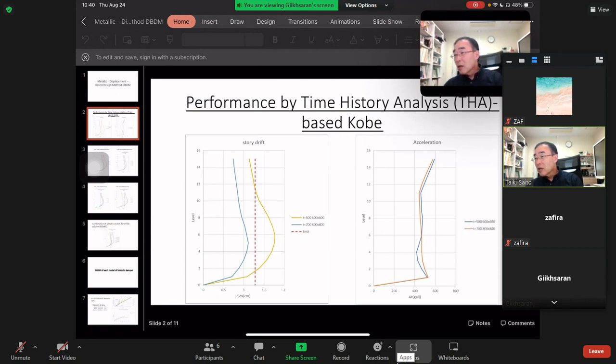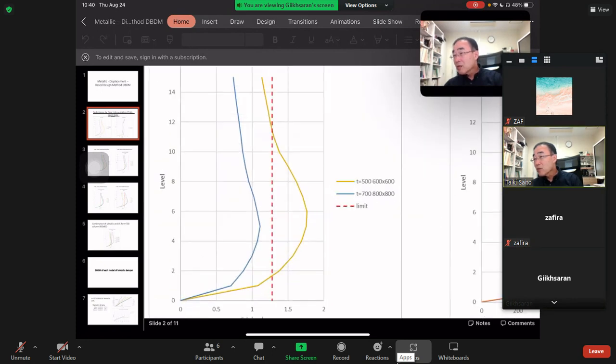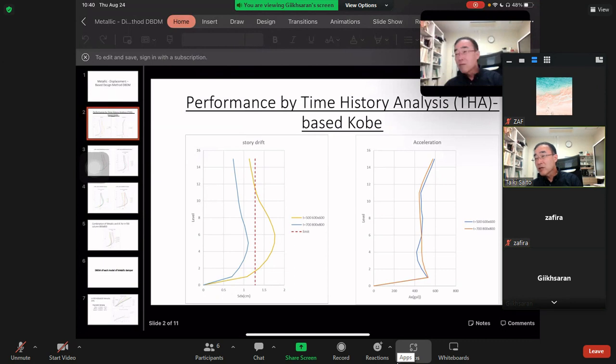You have a green line and a yellow line. What is 500 to 660? Okay, wall thickness is 500, and the column is 600. If you increase the thickness of the wall, of course, the displacement will be smaller.